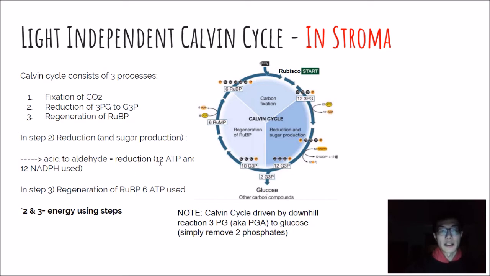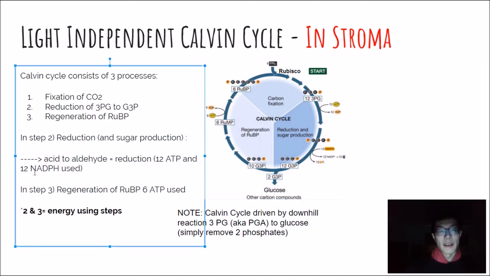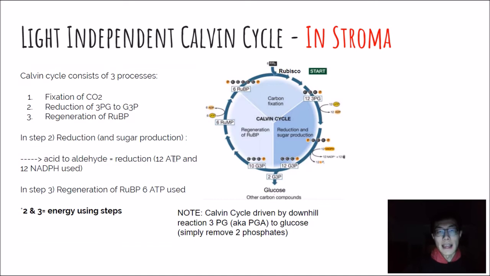It's a reduction reaction, and we use 12 ATP and 12 NADPH. These 12 ATP and 12 NADPH molecules were made in the light-dependent reactions that we discussed earlier. We use those ATP and NADPH up to turn 3PG into G3P.